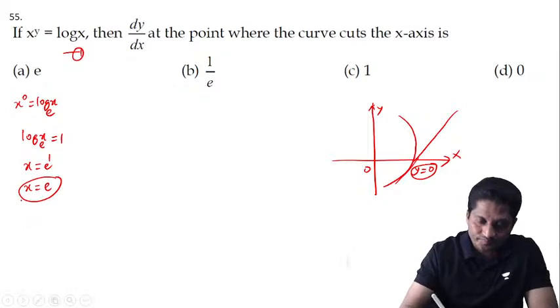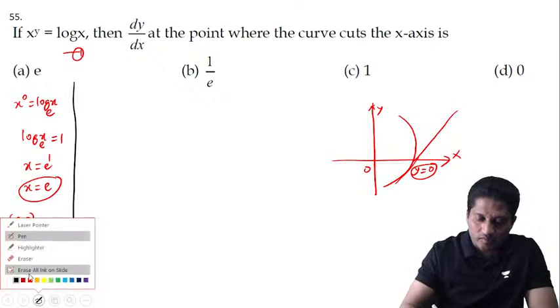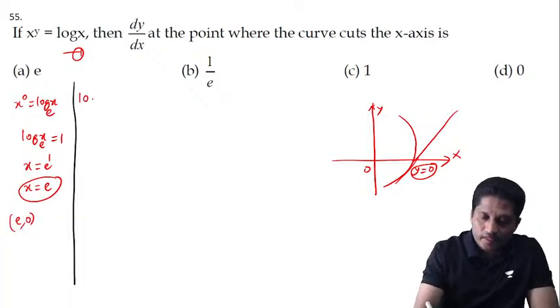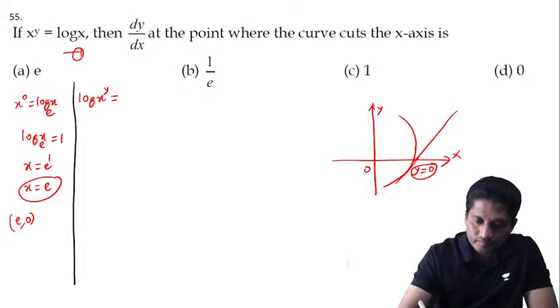The point is e comma 0. Now if I want to differentiate this, I take log on both sides. You get log of x to the power of y is equal to log of log x.